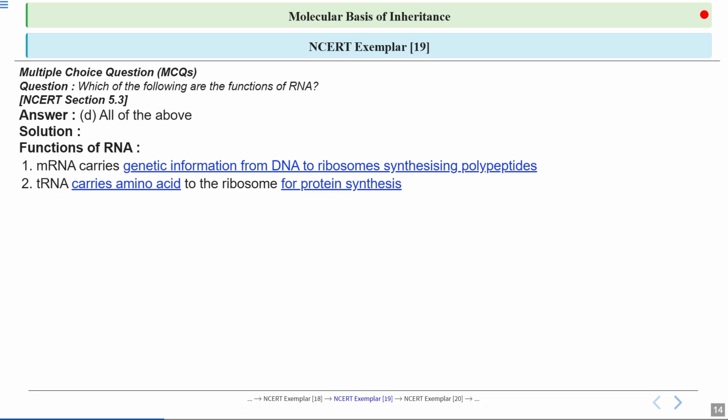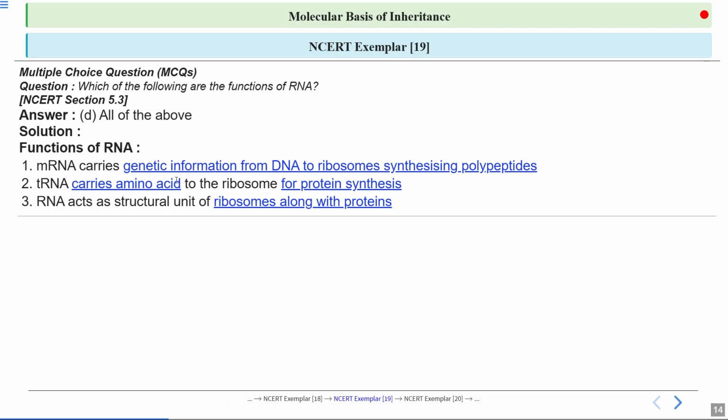Now, why are other options incorrect? Transfer RNA carries the amino acid to the ribosome for protein synthesis. Transfer RNA acts as an adapter molecule between the genetic code and the amino acids. Now, ribosomal RNA acts as a structural unit of ribosomes along with the proteins. That's why the answer is option D, all of the above.